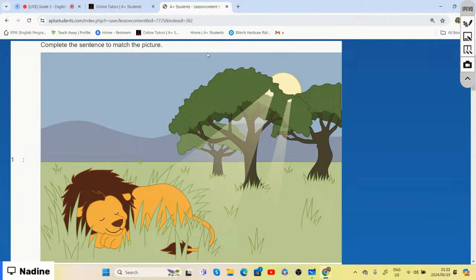Look at where the trees are and look where the sun is. The lion is in front of the trees.